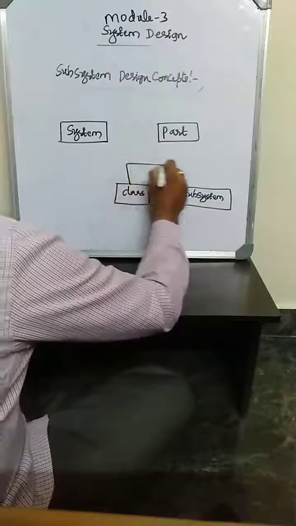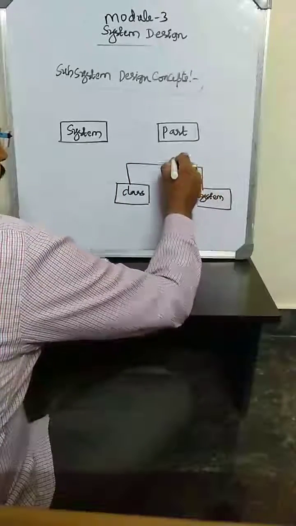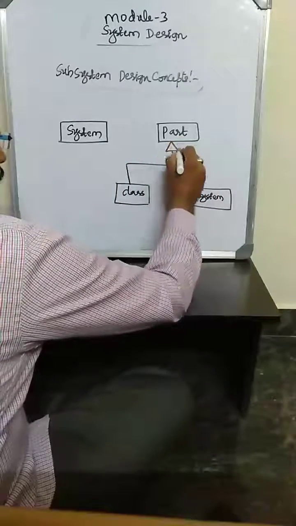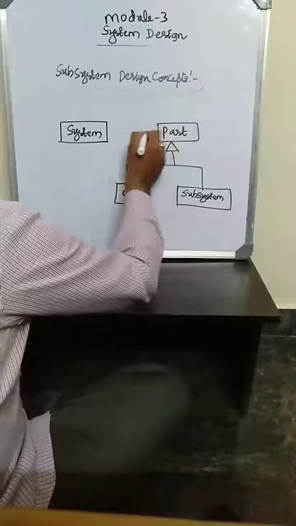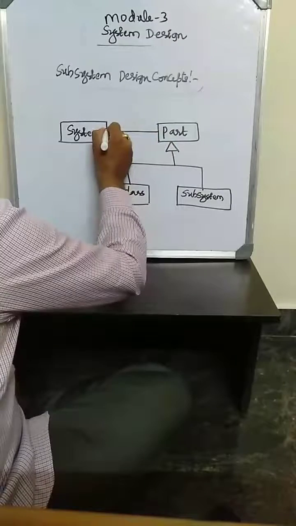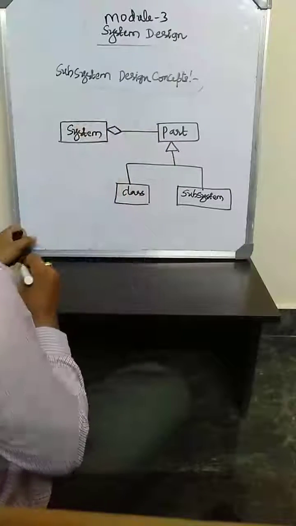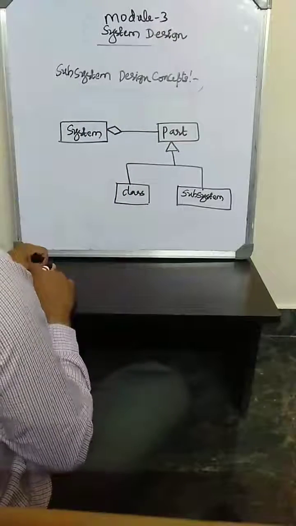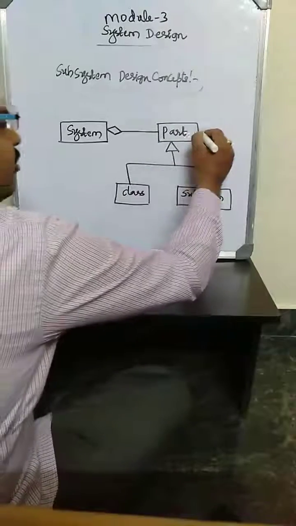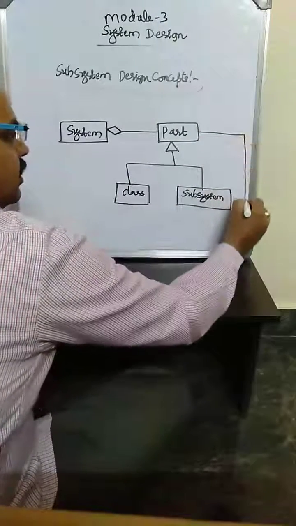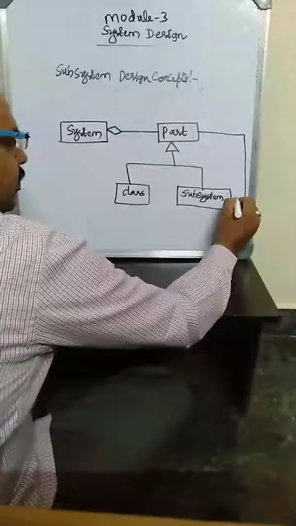So these two I will write like this, and then here I will write an aggregation symbol, and this is a part of this. It is connected to a system, and through that particular subsystem we are going with the system here. It is connected with the help of a rhombus.